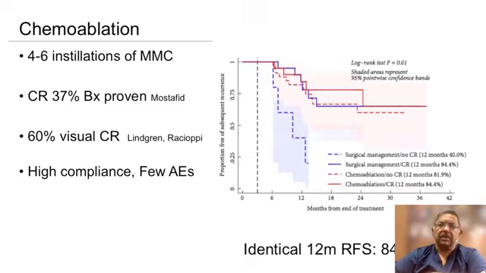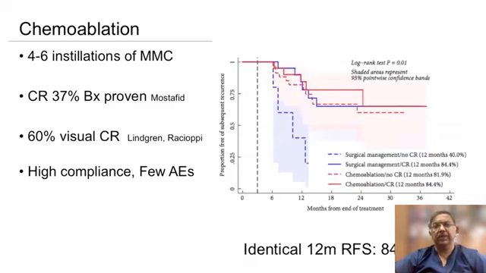Now, this is interesting data on chemoablation, in patients who've got low or intermediate risk cancers in whom surgery is difficult or not possible because of the significant risks. These patients can be chemoablated, and a cure rate is seen in 1 in 3 patients, so about 37%, which is biopsy proven.